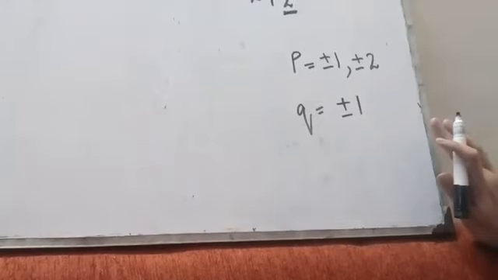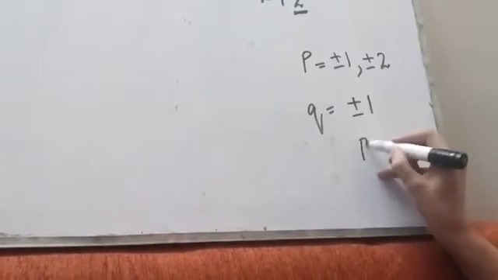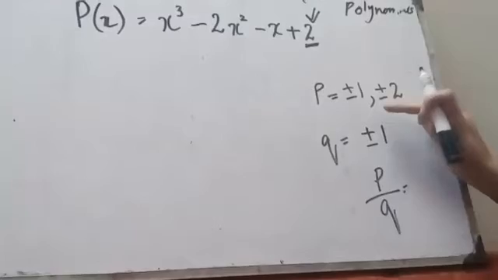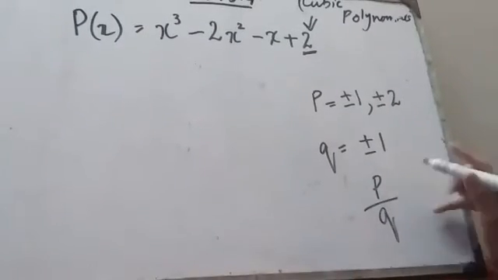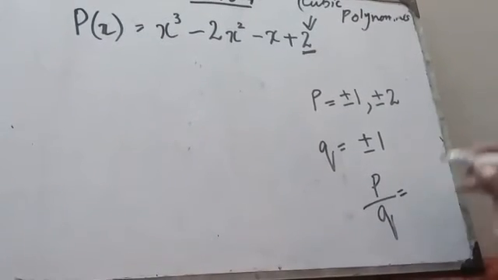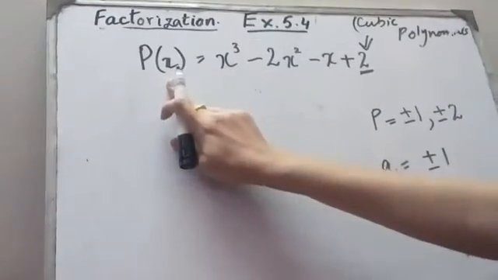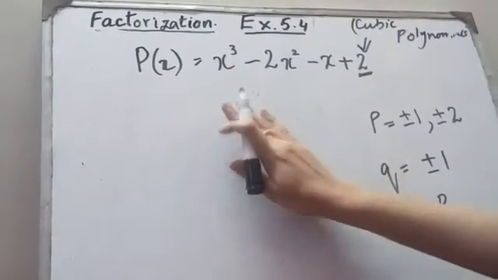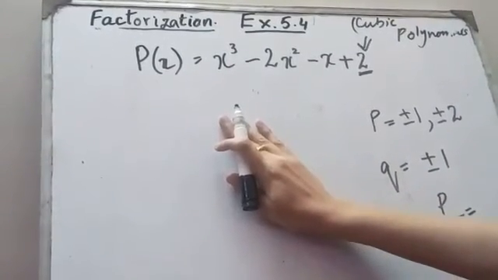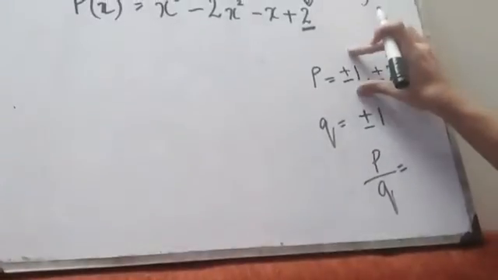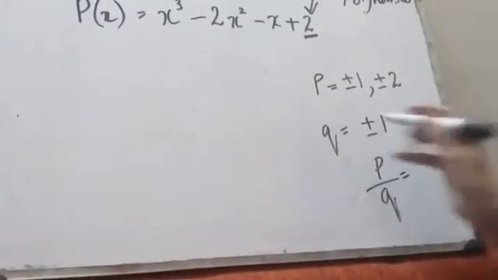Now this theorem states that we divide p by q, means all these numbers by this number, and then we put these numbers in the place of x to get the remainder, and then we can decide whether it is a factor or not. For example, p over q, plus 1 divided by plus 1, what do we get?